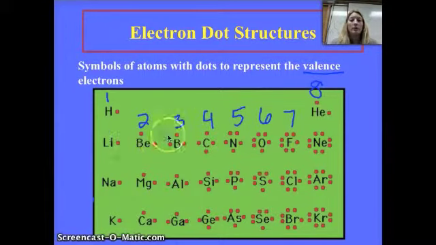When we put them around, we put them on each side. So imagine that there's 4 sides to this letter. That kind of stands for the s and 3 p's, because that's where those electrons are. And so we fill in 1 until any of them get 2. Okay, so every element will show its valence electrons with this Lewis dot structure.